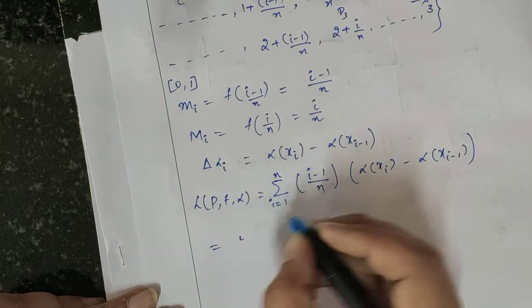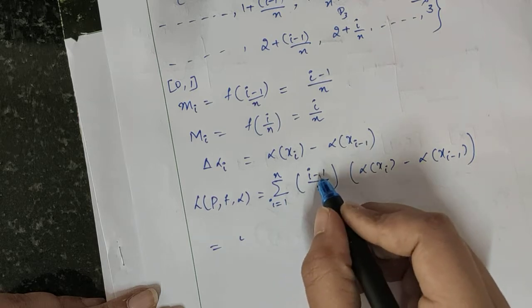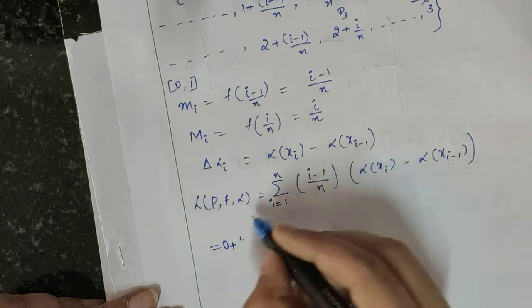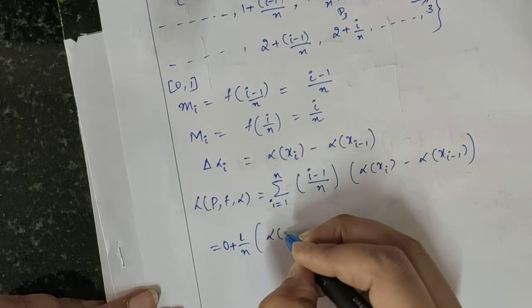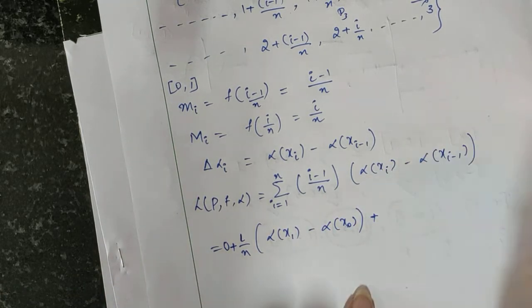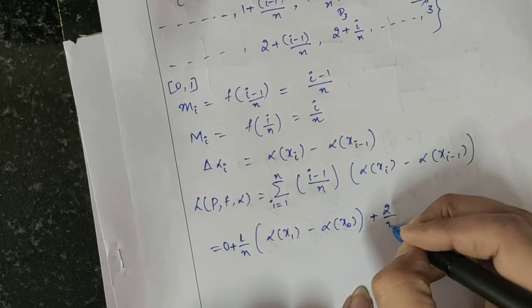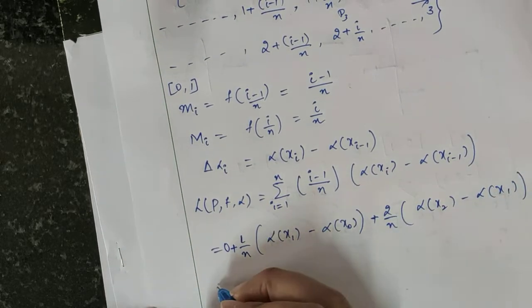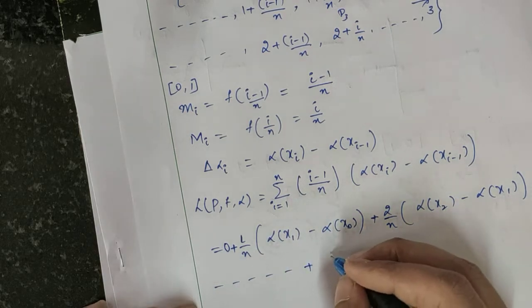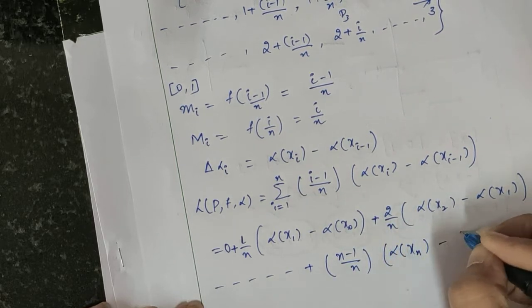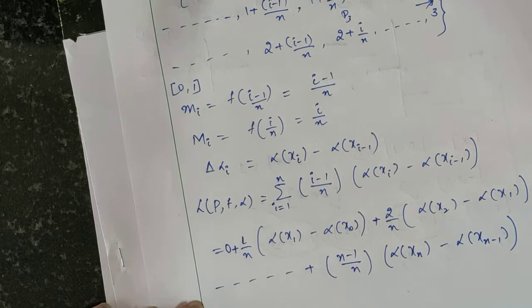When i is equal to 1, this term will be 0, so 0 into anything is 0, plus 2 minus 1, that is 1 by n into alpha of x1 minus alpha of x0, plus it will be continuing, that is 2 by n into alpha of x2 minus alpha of x1, plus so on up to n minus 1 by n into alpha of xn minus alpha of xn minus 1.